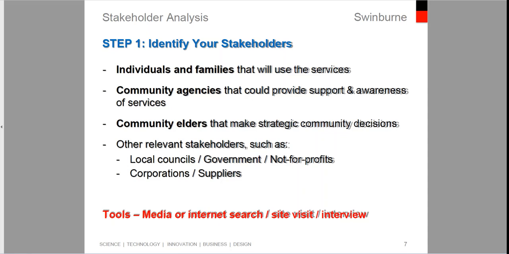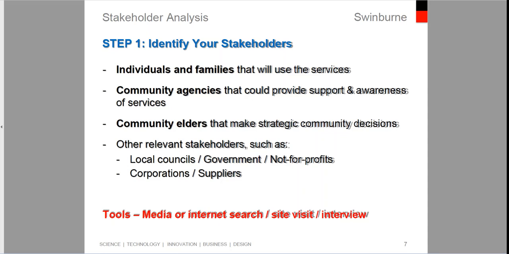And also, as mentioned before, corporations and suppliers can contribute through sponsorship or providing necessary resources, or partnering with your projects, and also fostering sustainable development in that particular region, right? So all these are also stakeholders in your particular projects, right?